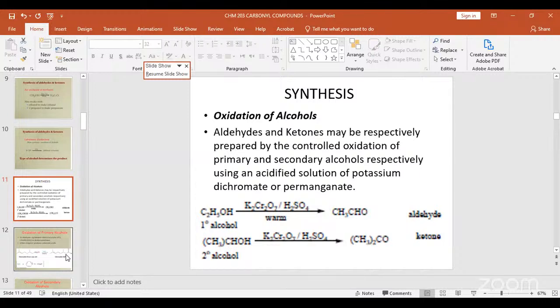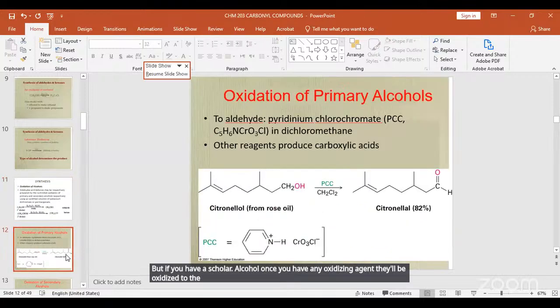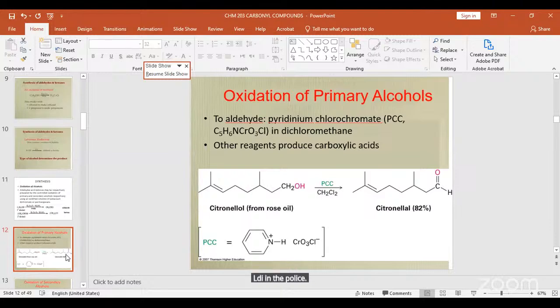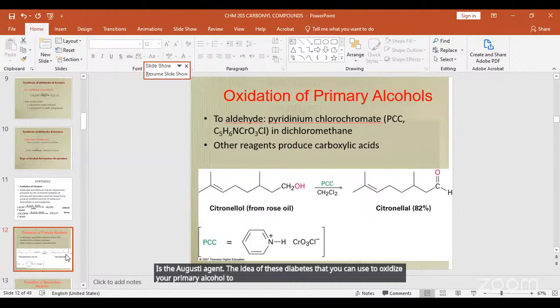But if you have a secondary alcohol, once you have any oxidizing agent, it will be oxidized to the ketone. But if you want just the aldehyde to be produced, then you use what is called PCC, that is pyridinium chlorochromate, the oxidizing agent, or any of its derivatives, to oxidize your primary alcohol to an aldehyde without further oxidation to the carboxylic acid.